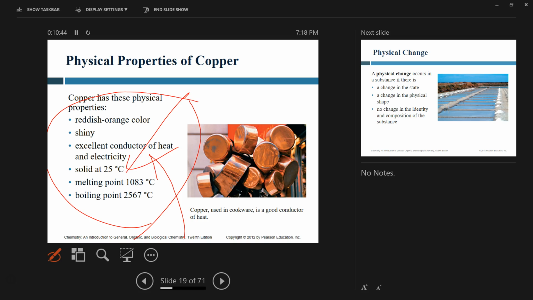Now, let's play with it a little bit. Physical properties of graphite, the stuff that you write with. The color: gray. I don't know the melting point, so we're not going to focus on that. Is it shiny? Sort of, kind of, like matte maybe. Is it soft? You can break it. Okay, it's not soft, but it's kind of fragile.